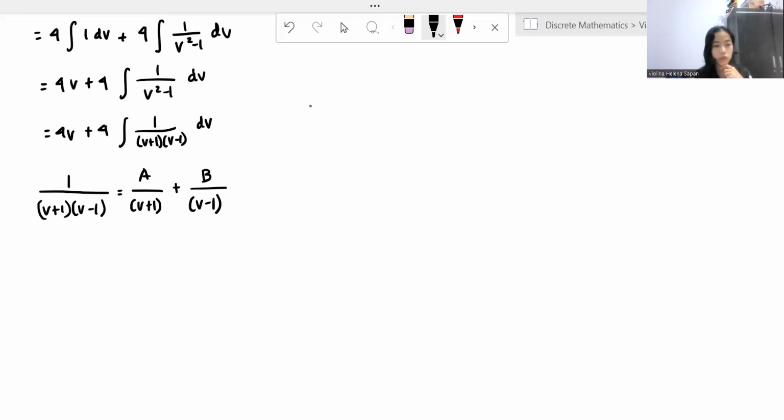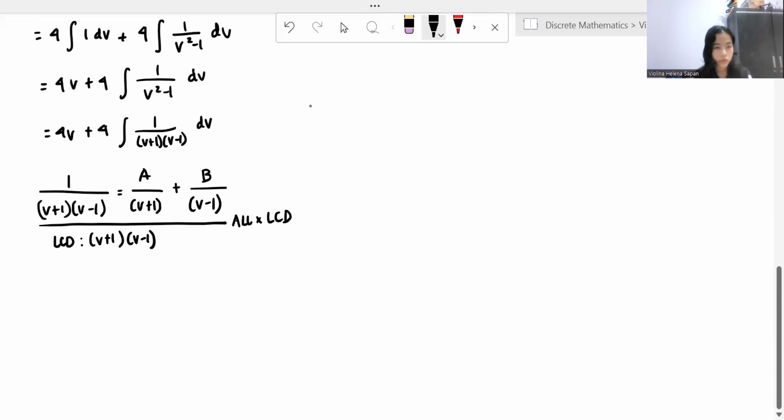Next, I want to clear up the denominator. So I will multiply both sides of the equation with the least common denominator, LCD. So the LCD in this case is v plus 1 times v minus 1.